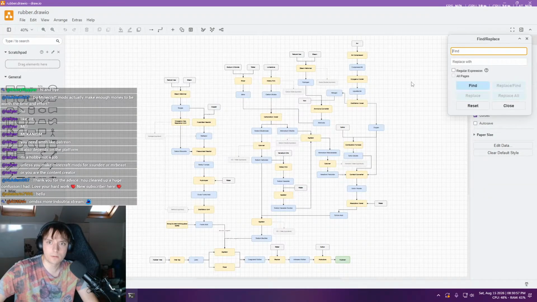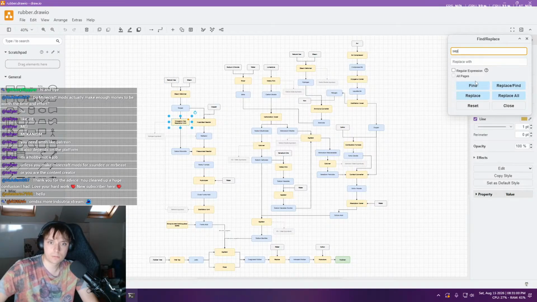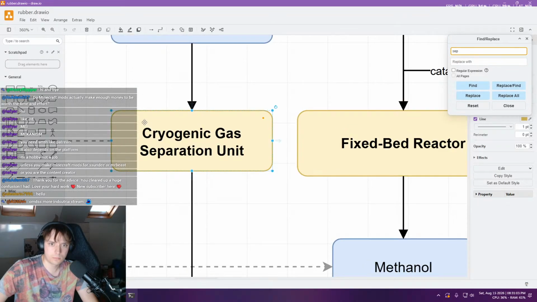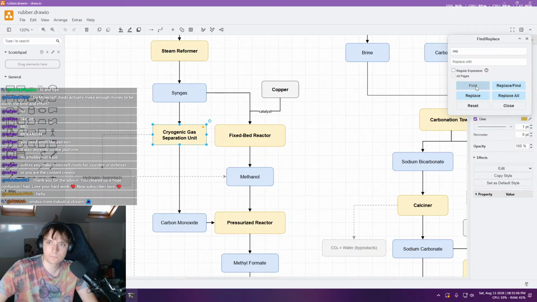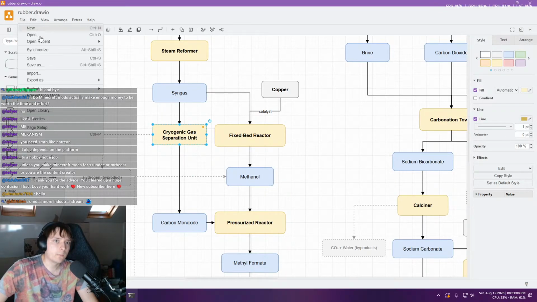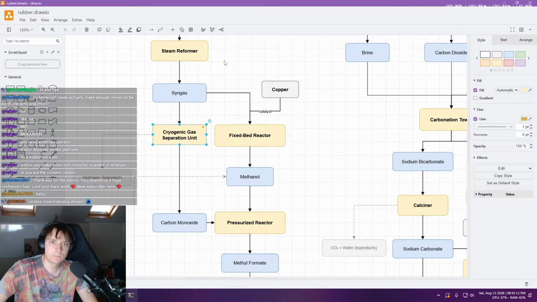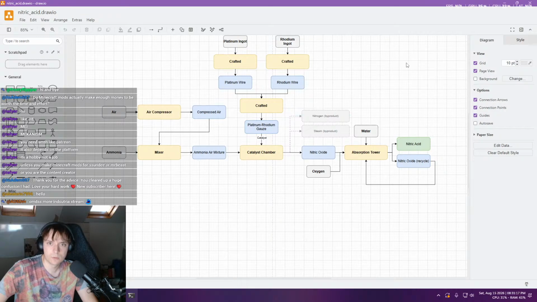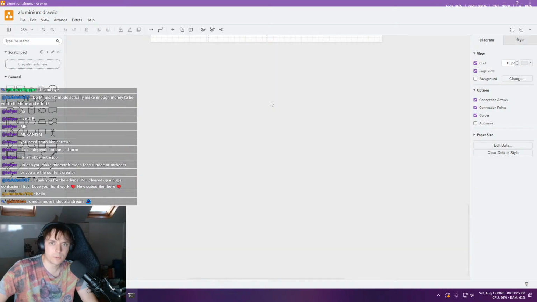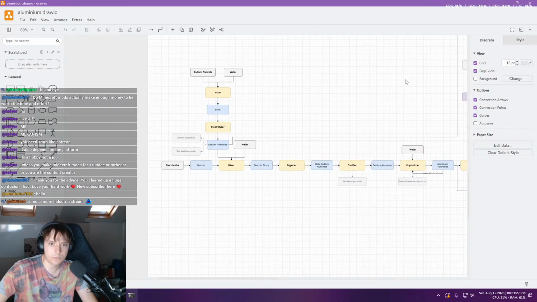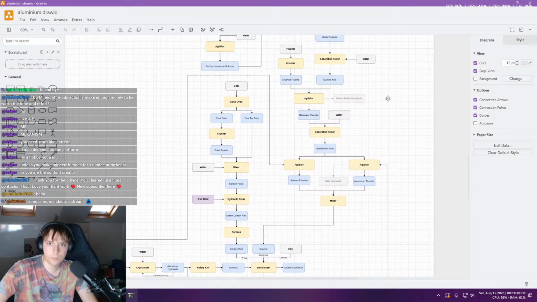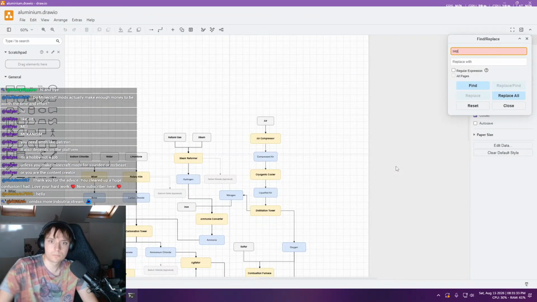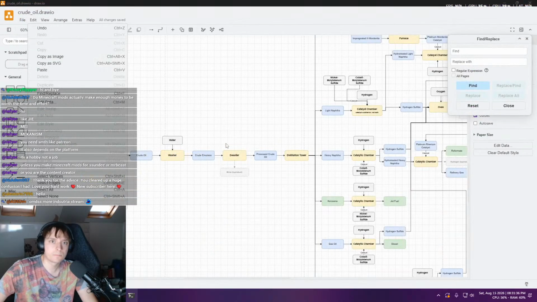See if I can find that cryogenic gas separation unit. That's not helpful. What about the other ones? Nitric acid is pretty simple. Do they have any kind of separation? And we know that aluminium doesn't have any separation. That's true.